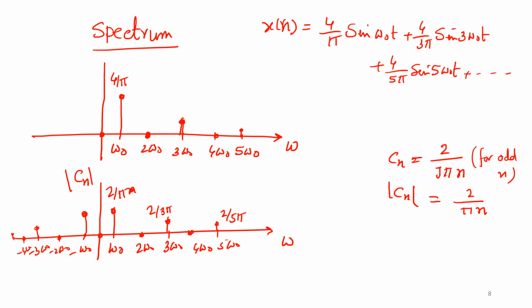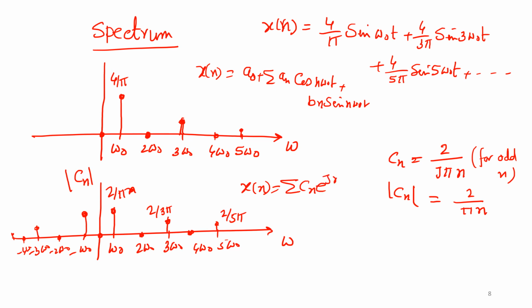So this is the trigonometric form, where x(t) is this form, a0 plus summation of an cos n omega naught t plus bn sin n omega naught t. And here this x(t) is the exponential form, the summation Cn e to the power j n omega naught t. So this Cn, these are the coefficients, okay.